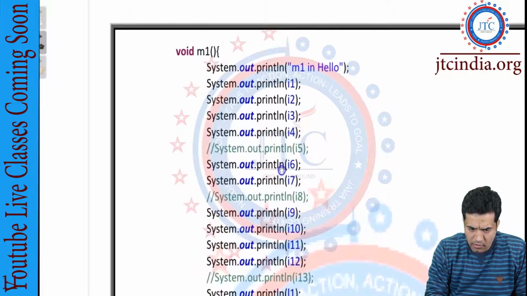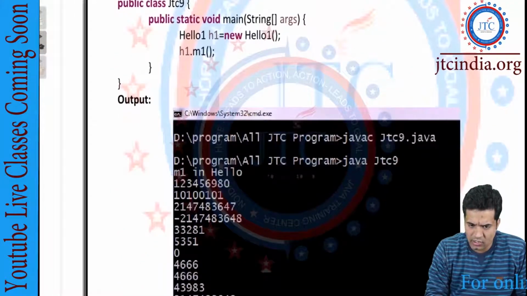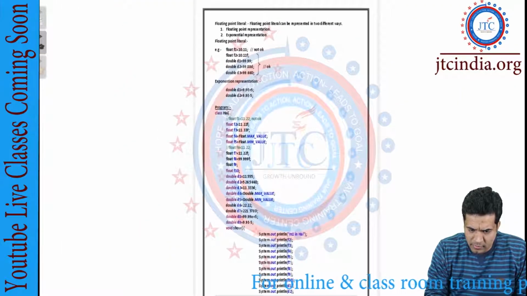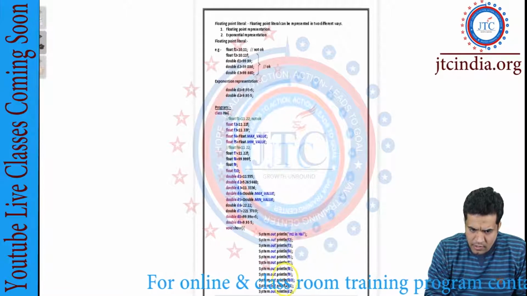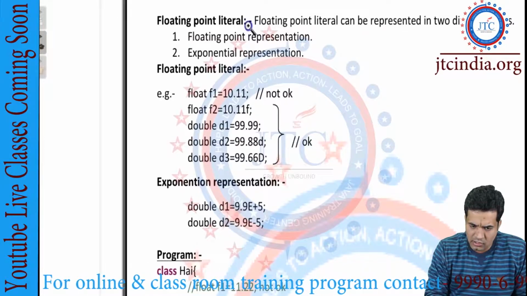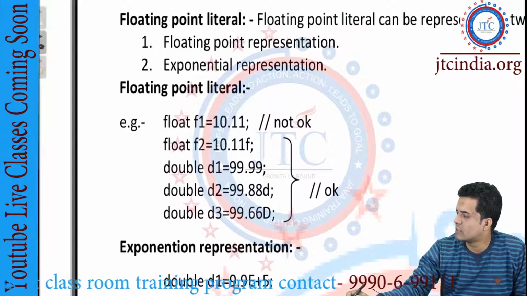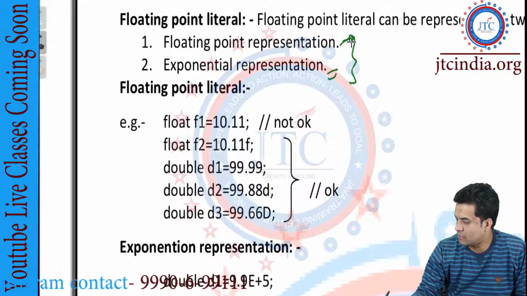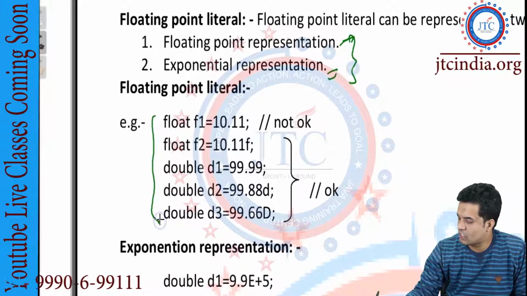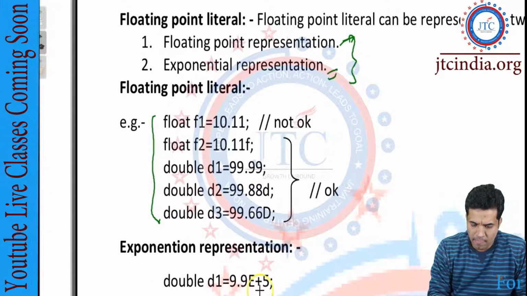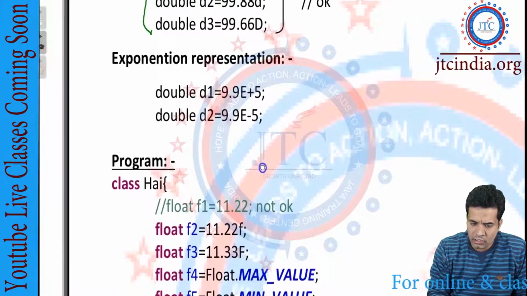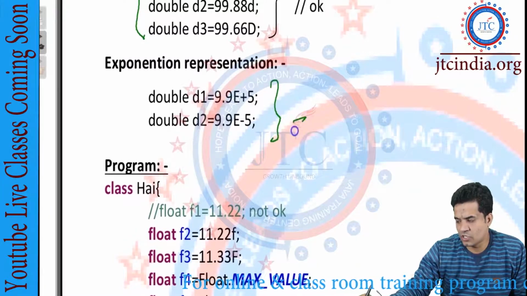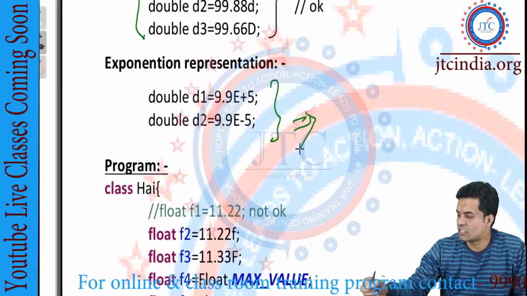And now you can practice all these things again. Here I have given examples on the basis of each one of them. In the floating point representations also I have explained the exponential representation and floating point representations, right? What does exponential representation mean?